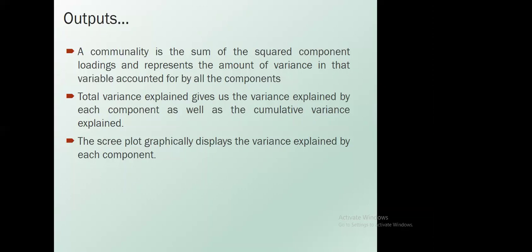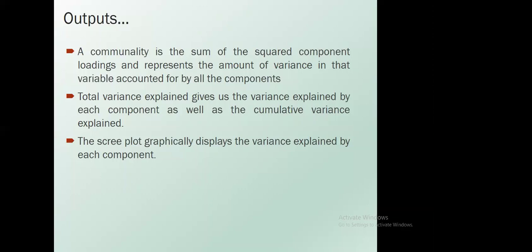Communality tries to identify, in very simple terms, how much variance is being explained by that particular variable. So after checking the assumptions, like KMO and Bartlett, the next important thing is: out of those 25 or 30 variables that we have in a scale, which are those variables which are actually playing a significant role in explaining the particular phenomenon you want to study, be it depression or anxiety?